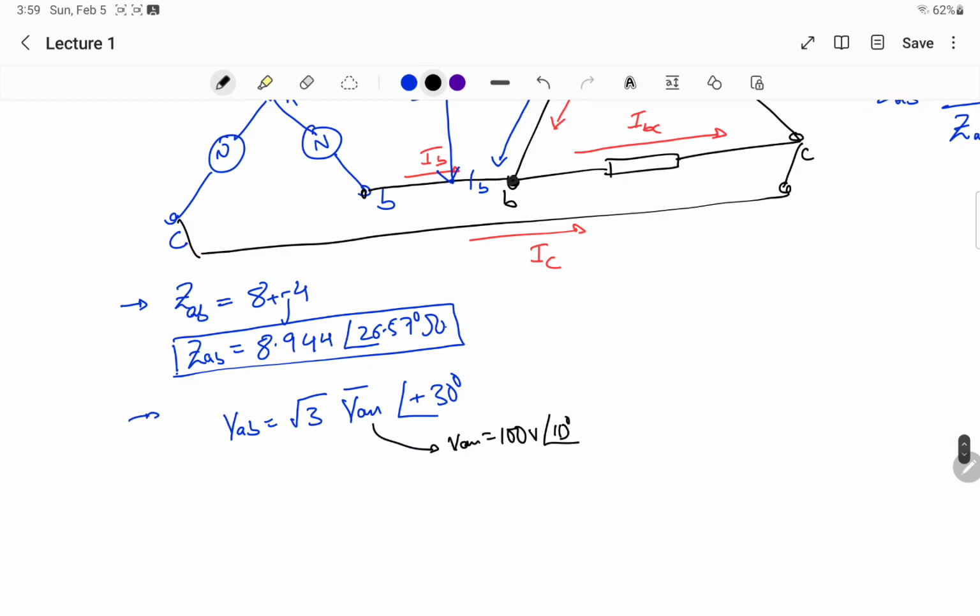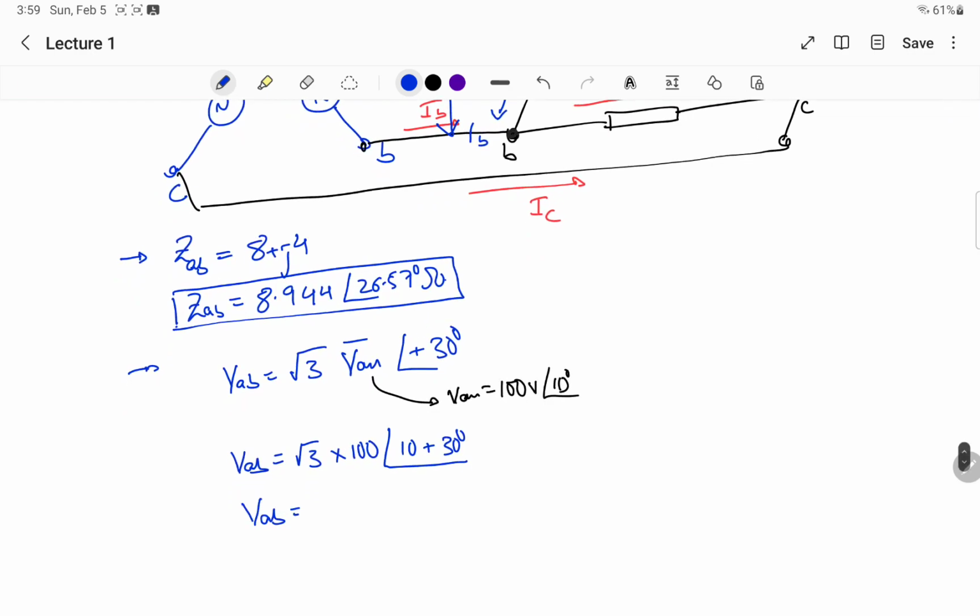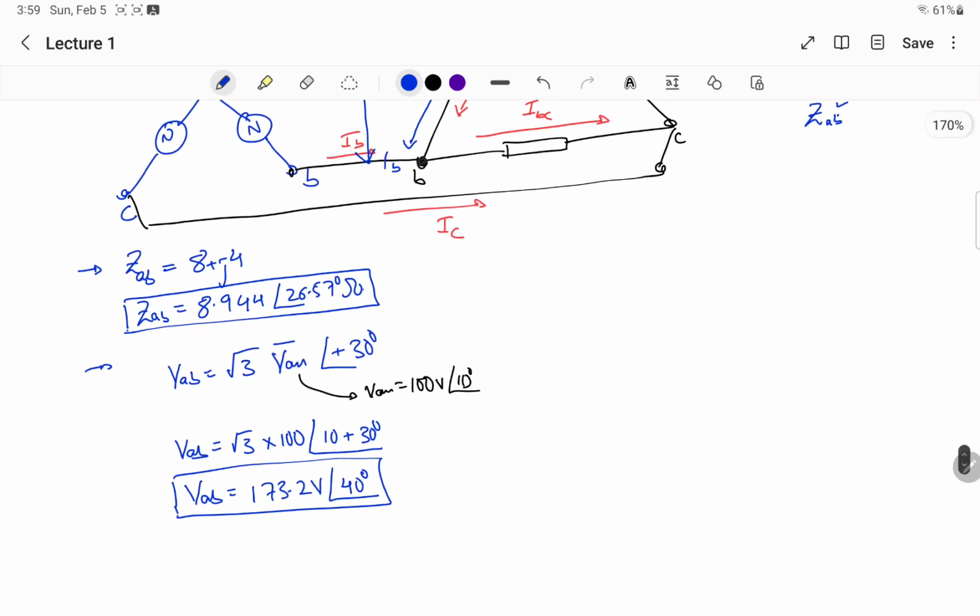So VAB will then become root 3 into 100, and for our angle 10 plus 30. So VAB is equal to 173.2 volts with an angle of 40 degrees. So this is our VAB.